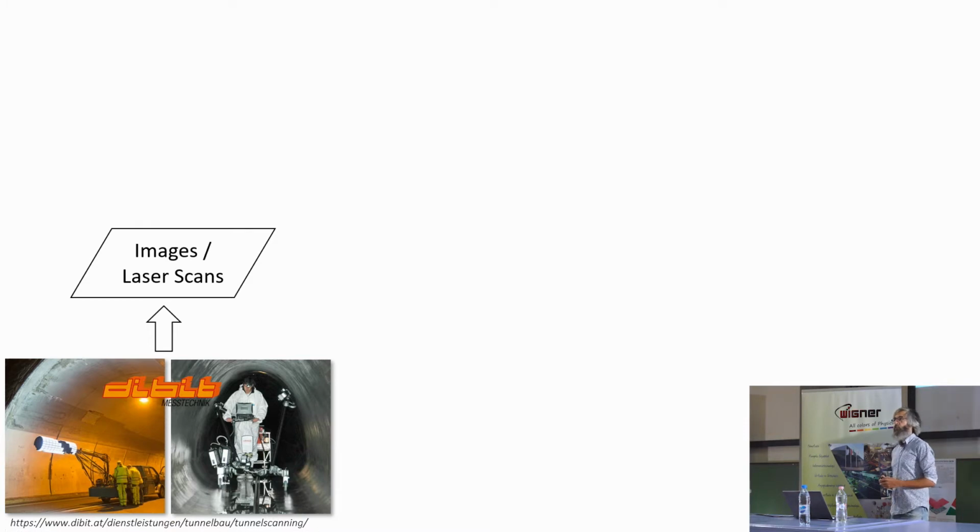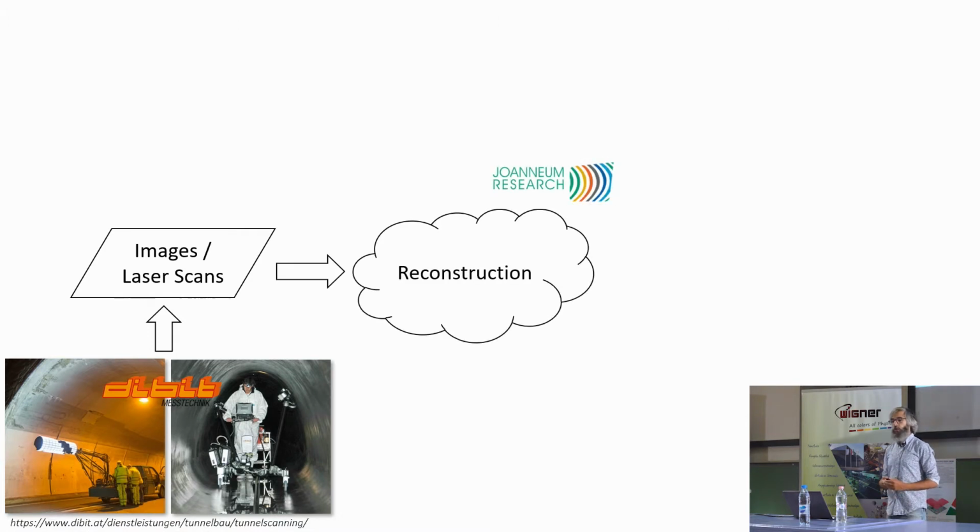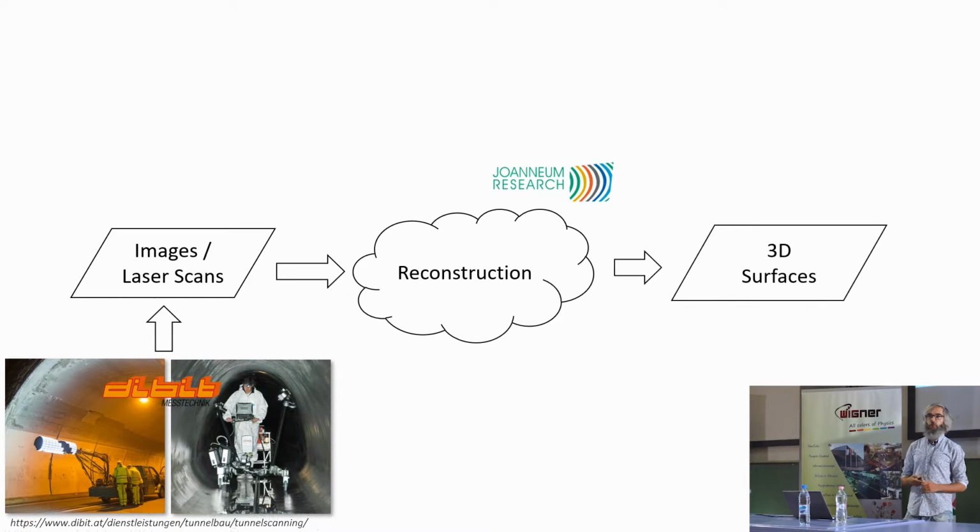Everything started with DBIT. This is a tunnel surveying company, and they produce high-resolution laser scans attached with high-resolution images. We have a partner, ELM Research in Graz, who have a reconstruction processing pipeline. So this data gets into the reconstruction pipeline, and they produce 3D surfaces.